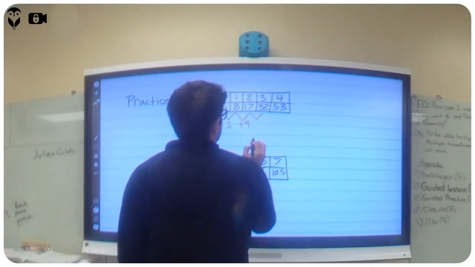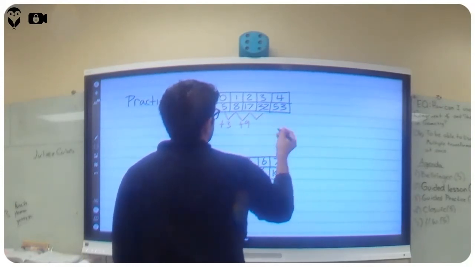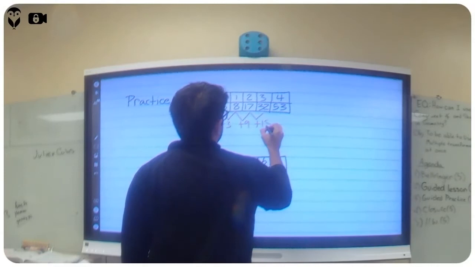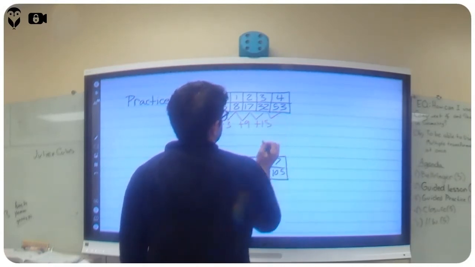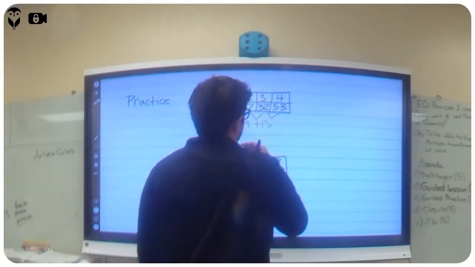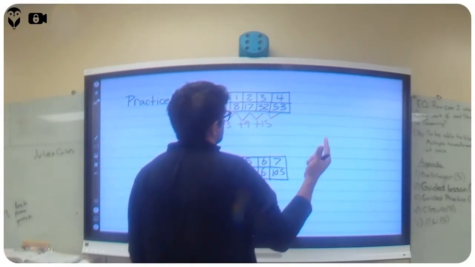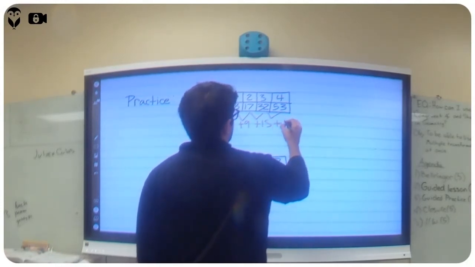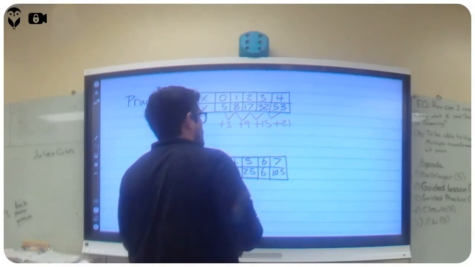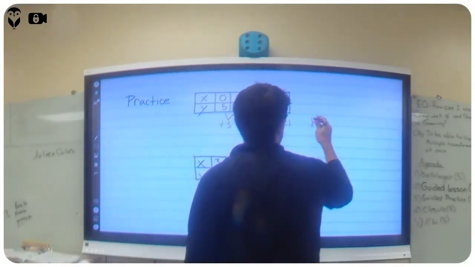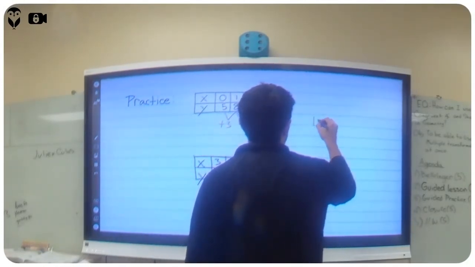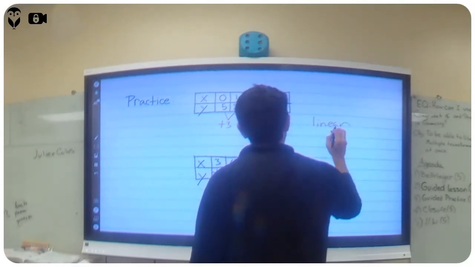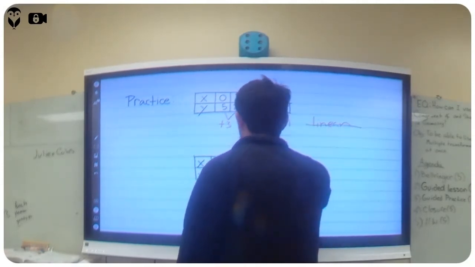This is going to be +15. And this is going to be 21. So is it linear? It is not. These have to be the same.